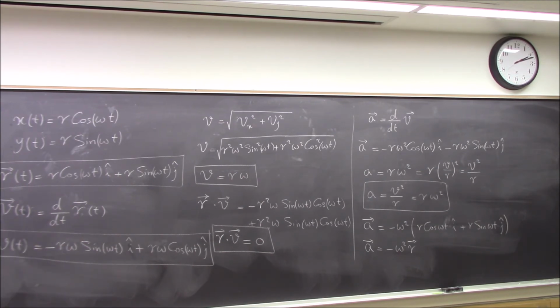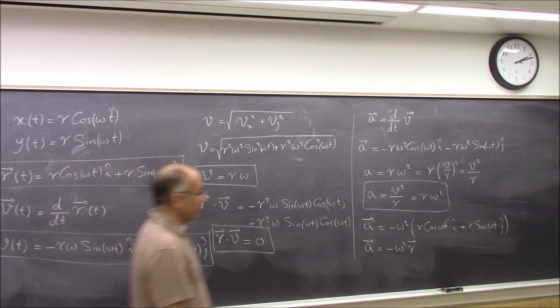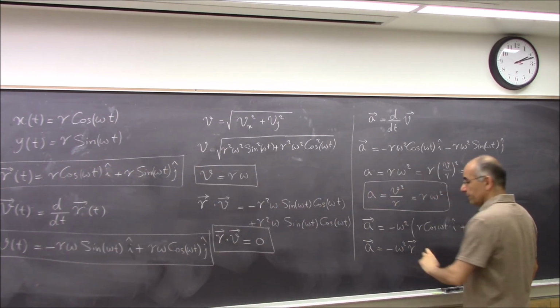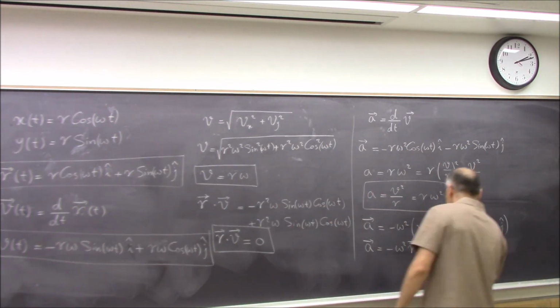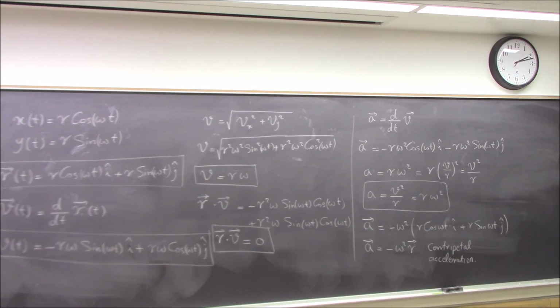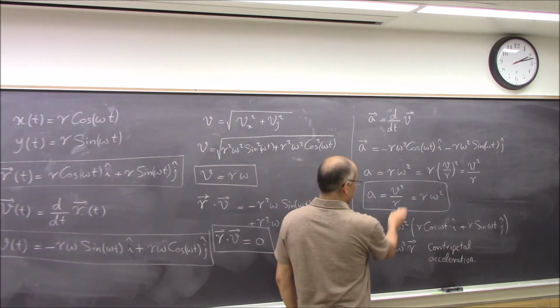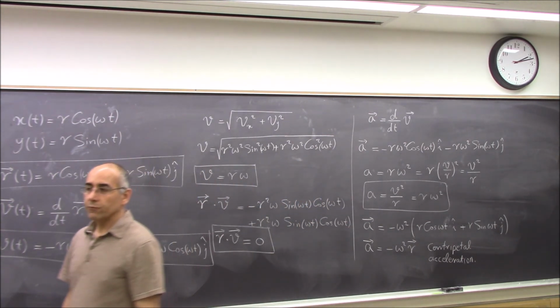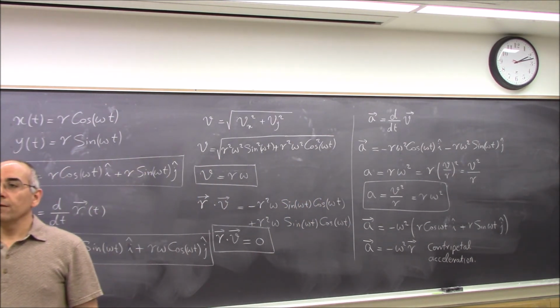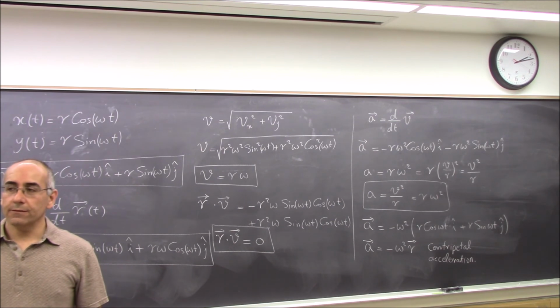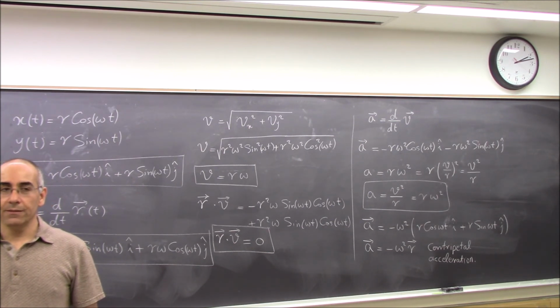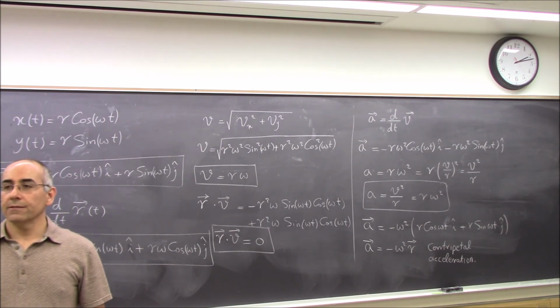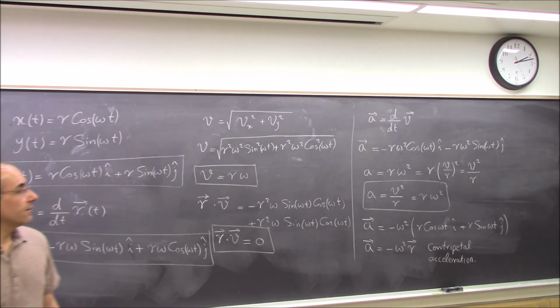Because r is directly away from the center, a will be toward the center, and that's why we call it centripetal acceleration. It has this magnitude and is toward the center for uniform circular motion. As long as something is going around a circle at constant speed, there is this acceleration, always toward the center.